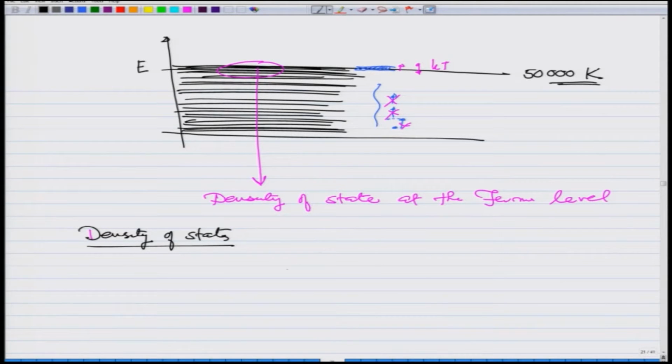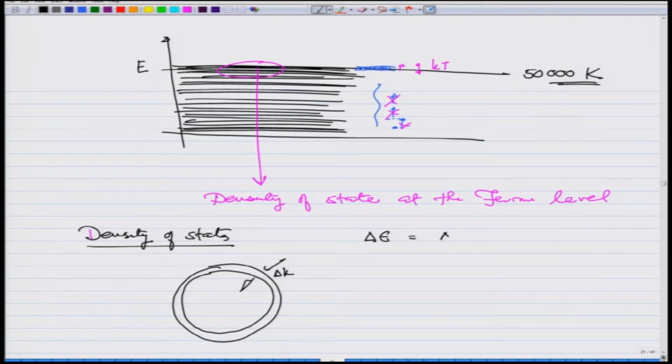Again, I will go to the Fermi sphere, and if I take a thin shell of thickness delta k, then I have the corresponding delta E, the energy, equals delta of h cross square over 2m k square, which will come out to be h cross square over m, k delta k.